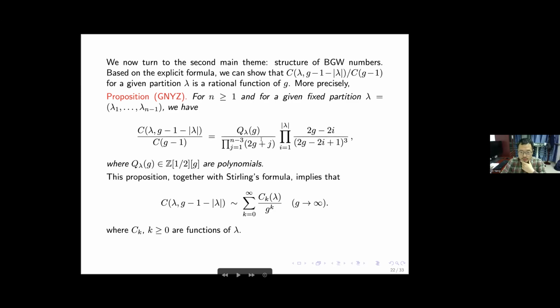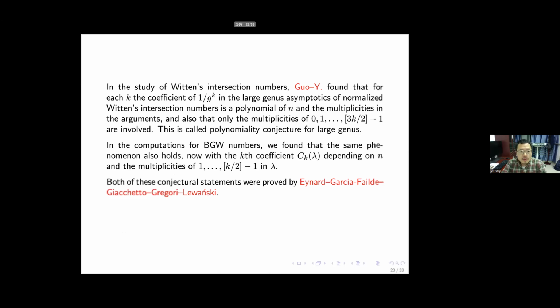can be described. So from this, we can immediately prove that the renormalized numbers for any fixed partition lambda, we can get this asymptotics, so full asymptotics, right?